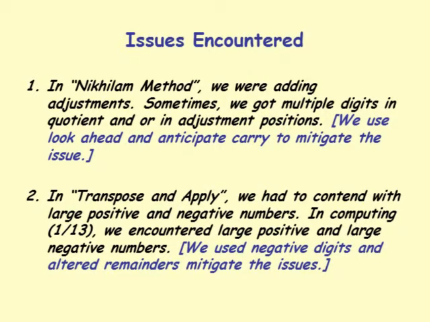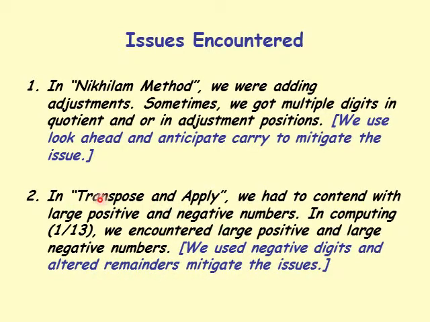In transpose and apply, we have to contend with both large positive numbers and large negative numbers. In computing 1 over 13, we encountered both. How did we work around those? We used negative digits and altered remainders to mitigate the issues.